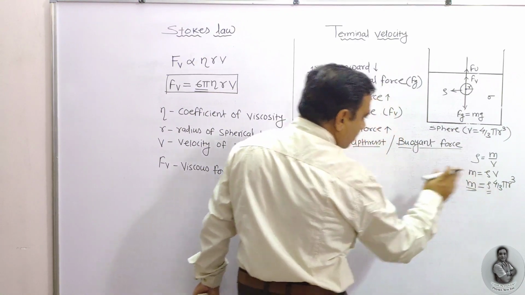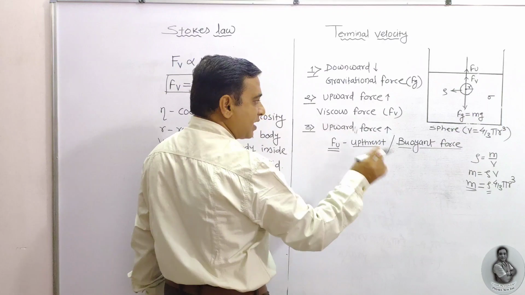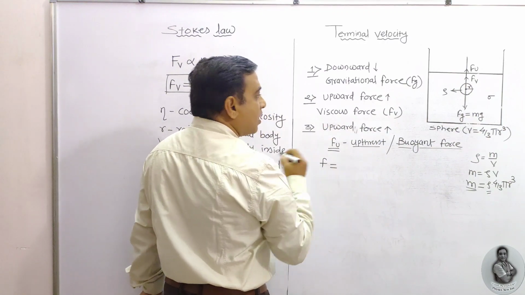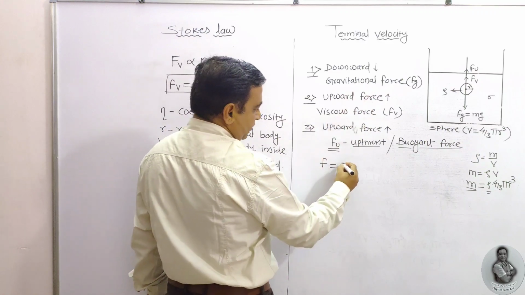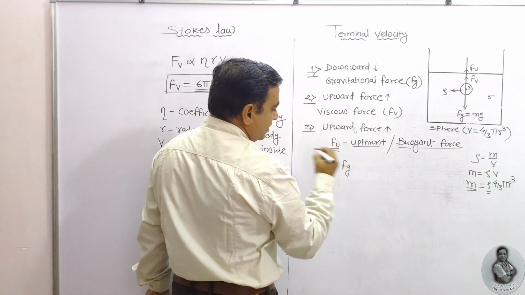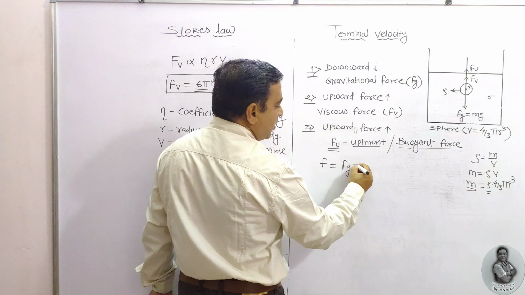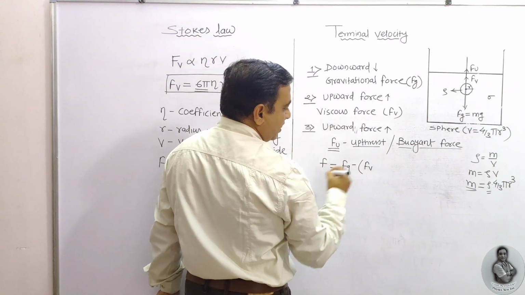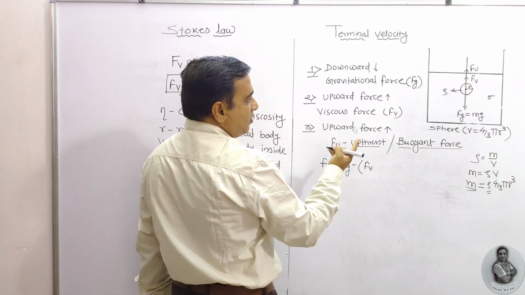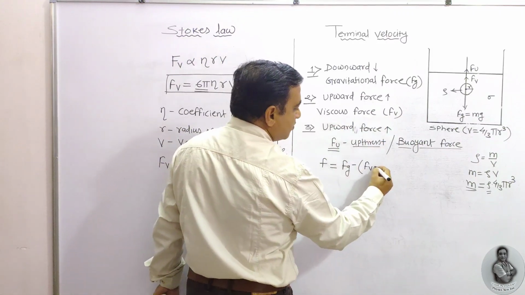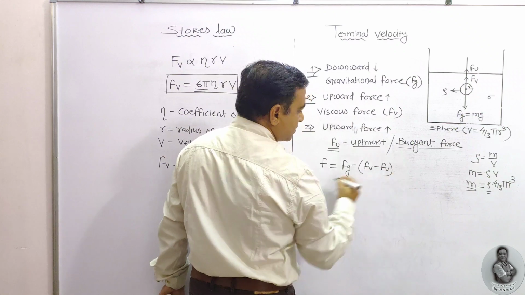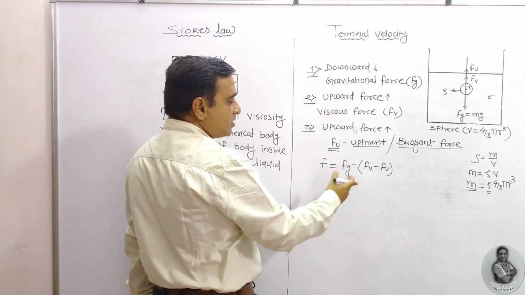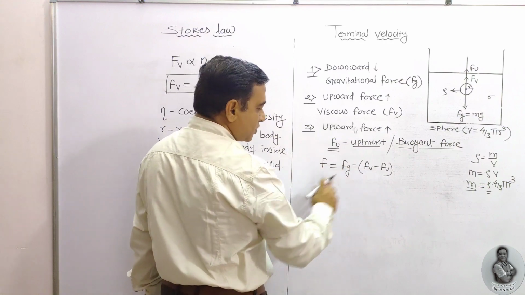I am going to write that later on, but here it is the buoyant force which is acting on the body. So the net force acting on the spherical body is nothing but Fg, that is gravitational force, minus in bracket Fv, that is viscous force, minus buoyant force. These are the two forces which are acting in the upward direction, and this is your net force.